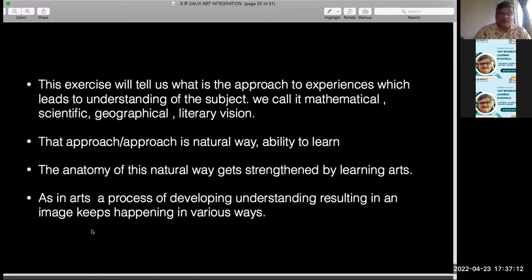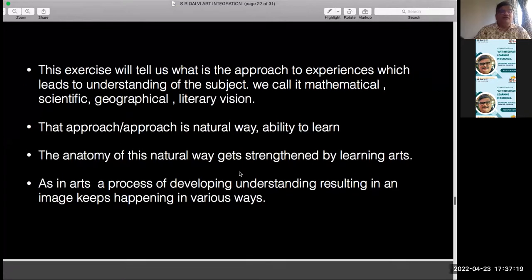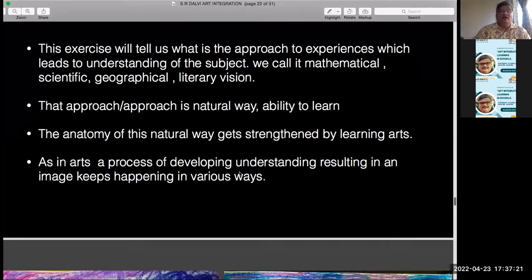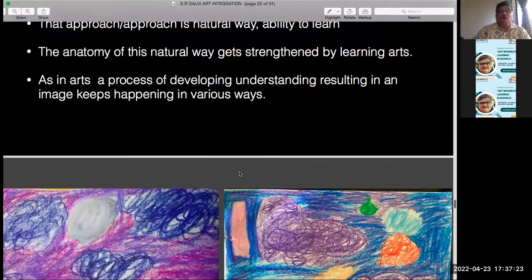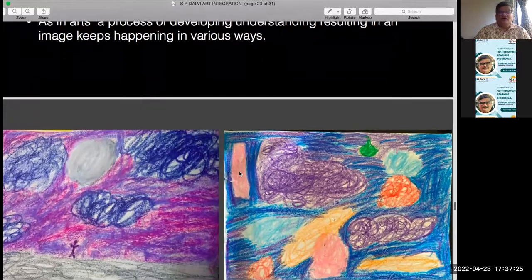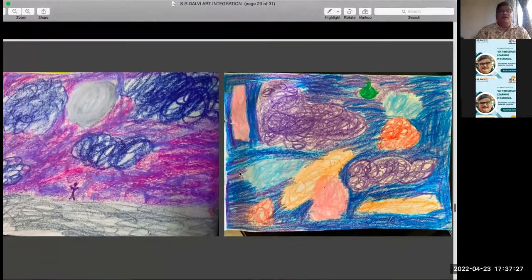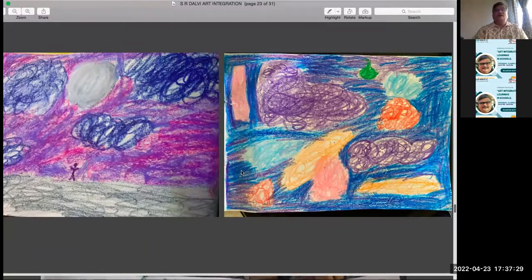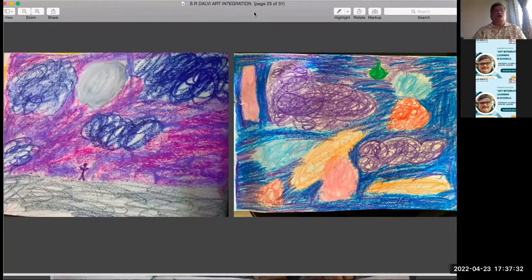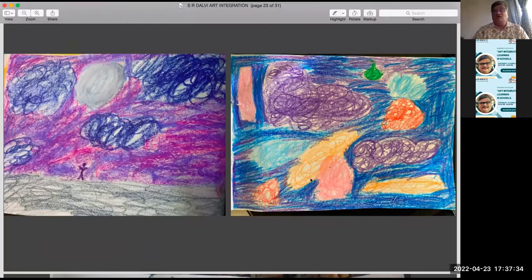I am going to share some of the work which my young students have done in art class, where I will show you that it is not necessarily good looking art. One day, I worked a lot on conditioning, which happens to all of us.